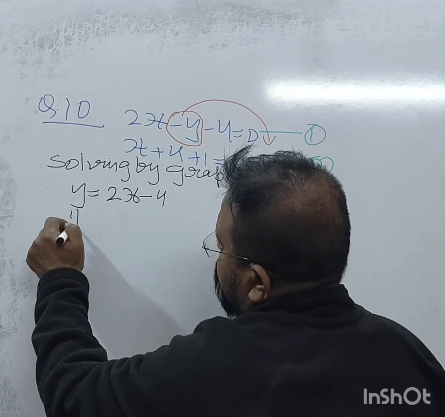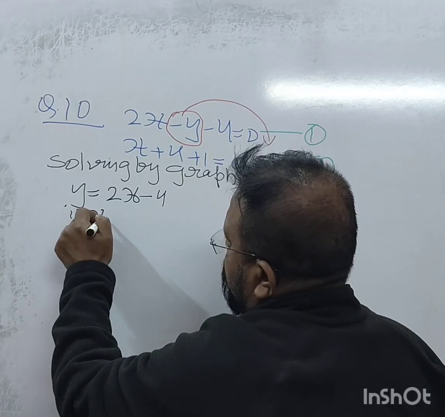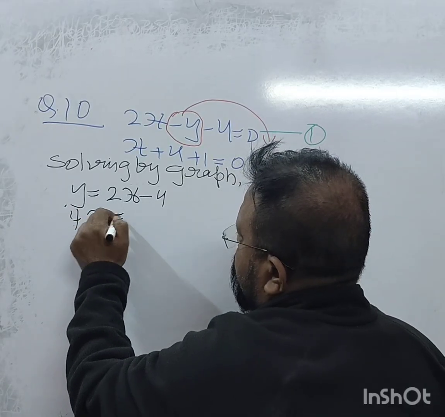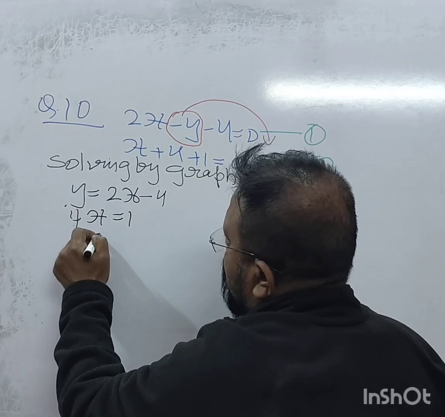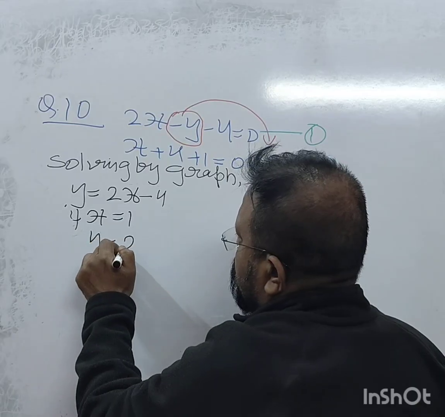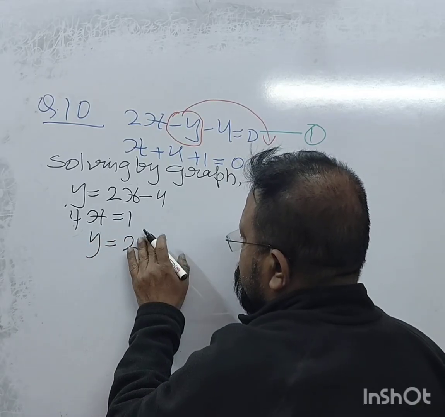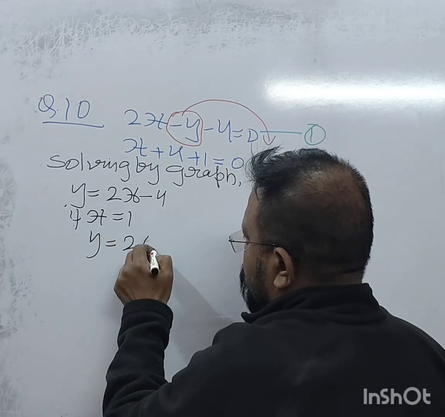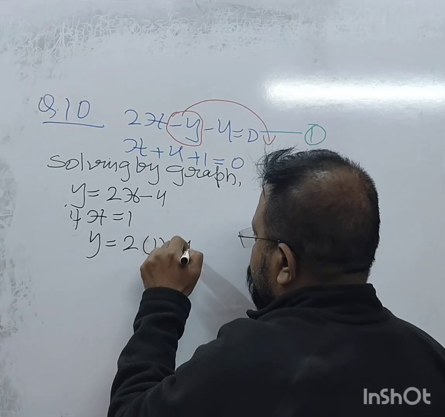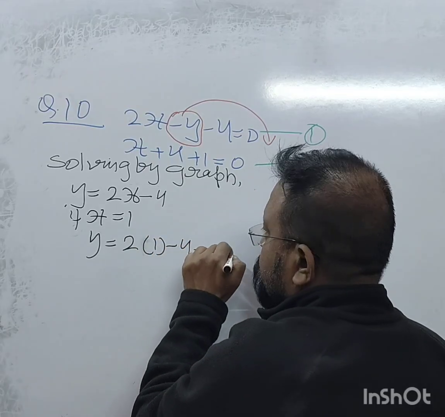If x is equal to 1, then y is equal to 2 into 1 minus 4, which becomes minus 2.